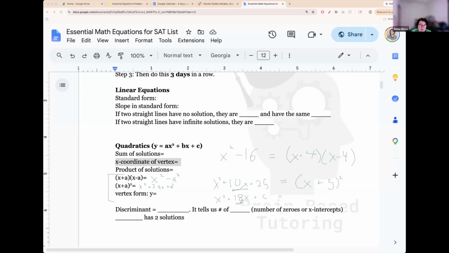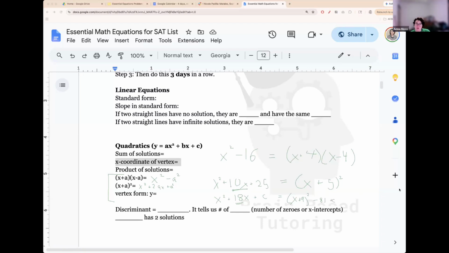So 2 times what gives us 18? Divide by 2, it's 9. So x plus 9 squared would give us this, only we have that c. So this is just like x plus 9 squared, only we have a c instead of an 81. So maybe it's minus 81 and then plus c or something like that.